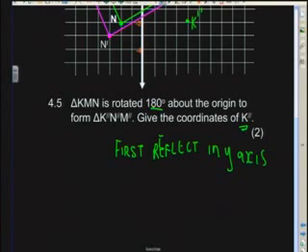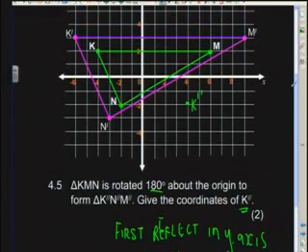So you take the point, first reflect it in the y-axis, and then you take the same point and reflect it in the x-axis. You could alternatively first reflect in the x and then the y, you'll get to the same point. Let me show you on the diagram what I'm saying.